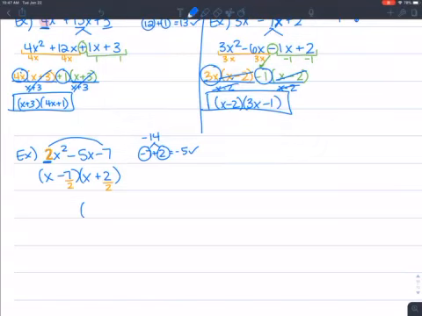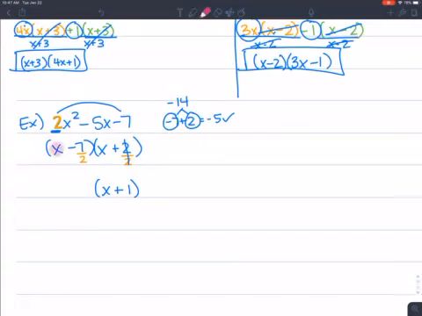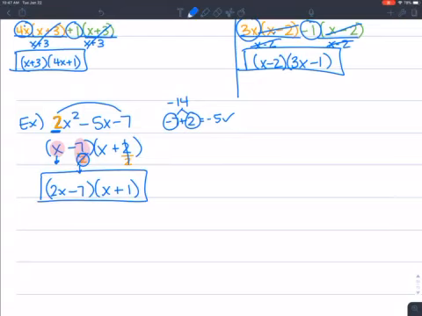So this one becomes x plus 1 because 2 divided by 2 is 1. Now, if we want to get rid of this fraction, I can multiply both terms, both the x and the 7, so both this and this, by the denominator. So if I multiply this by 2, I get 2x, and if I multiply this by 2, then the 2's cancel, and I'm left with negative 7. So this is just a much shorter way of doing it.